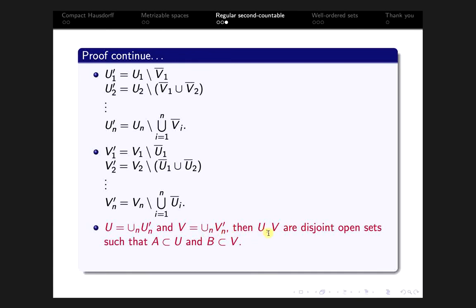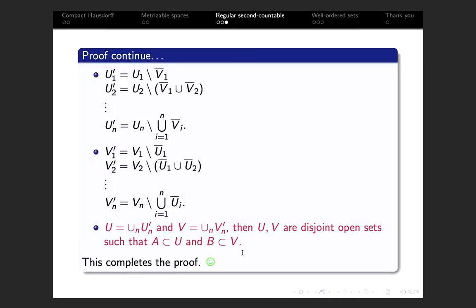Of course these are open sets U and V because a union of open sets is open. These are disjoint open sets such that A is contained in U and B is contained in V. So I would give an exercise: please check that these are disjoint open neighborhoods of A and B respectively.